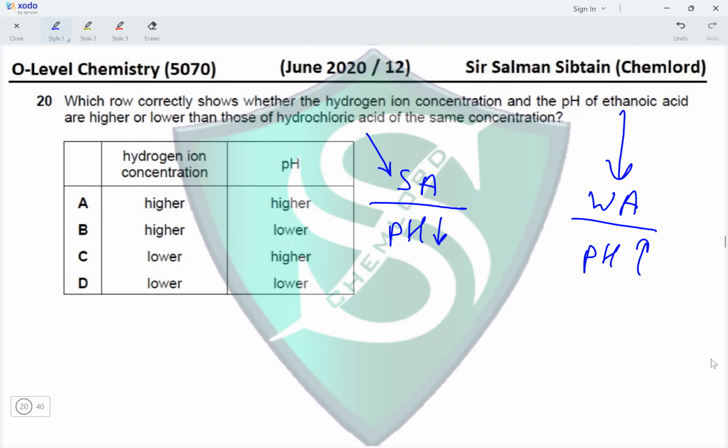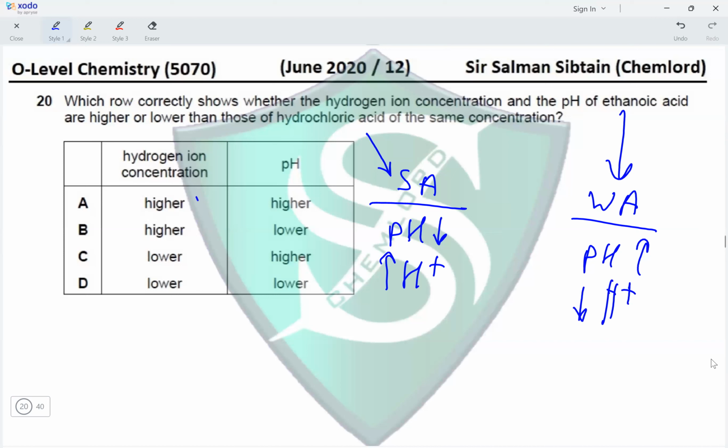And a lower pH would mean greater H+ ion concentration, and a higher pH would mean a lower H+ ion concentration.